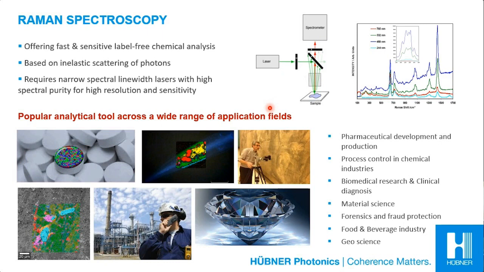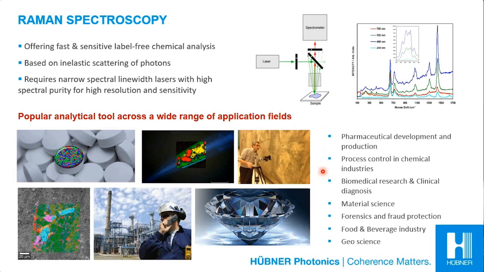The capabilities of Raman spectroscopy have made it a very popular analytical tool used across a wide range of application fields. Thanks to a lot of development of new laser technology, filters and detectors, Raman instrumentation has really been able to move out of the scientific laboratories and is not only used for material research, but also as a routine tool for inline process and quality control in several industries.